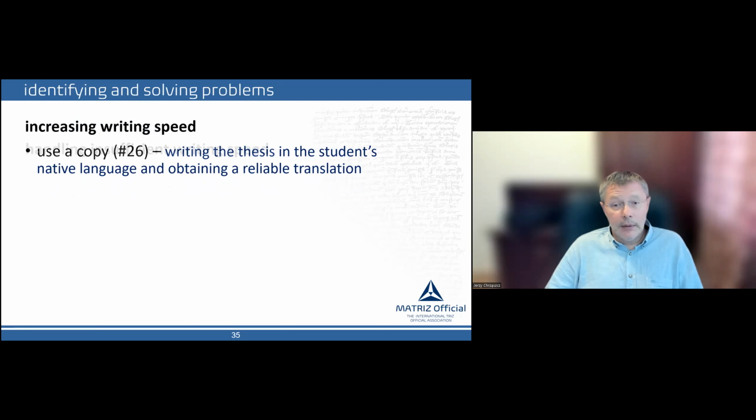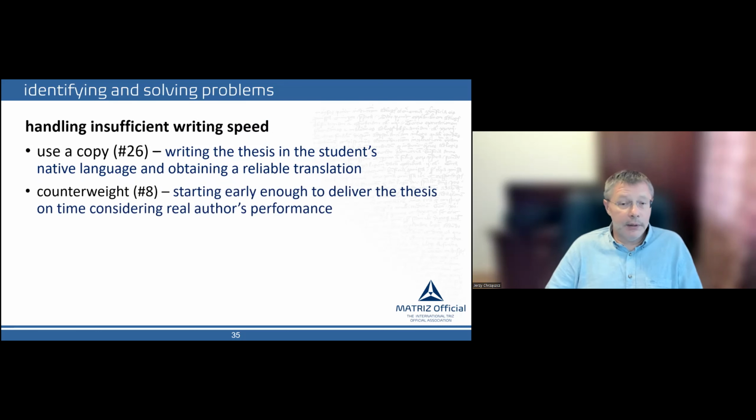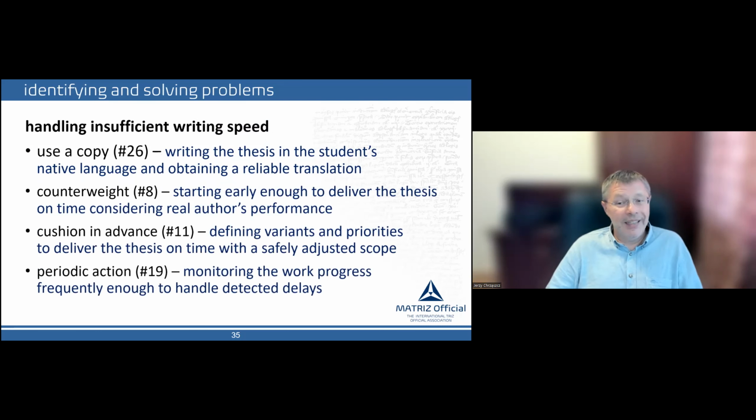The remaining guidelines are about handling insufficient writing speed rather than increasing the speed. So this should be the title of the slide. Indeed, the primary goal here is to deliver the thesis on time, which may also be achieved by a slow writer starting early enough.